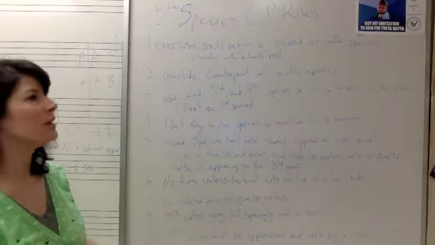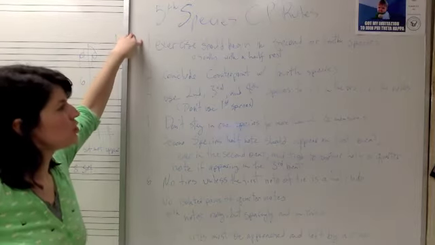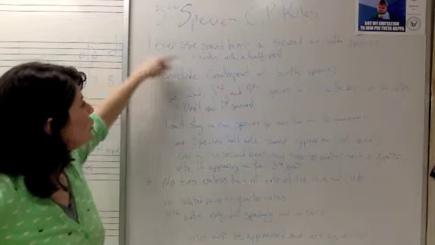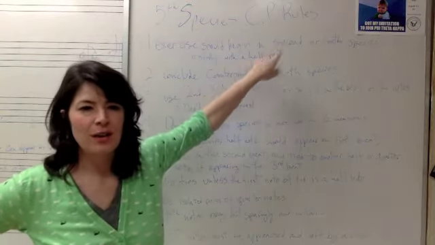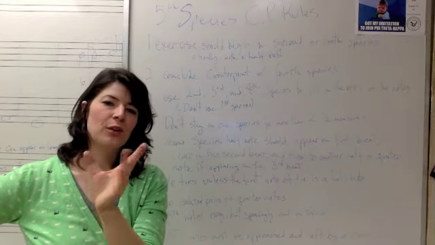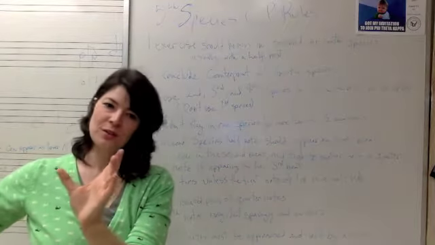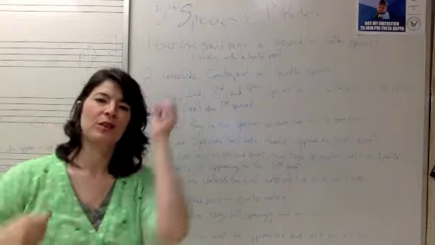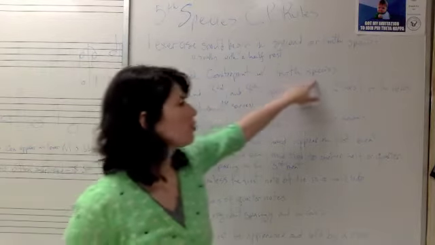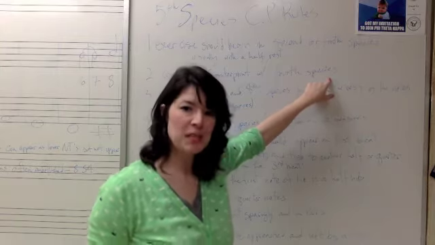So first of all, the exercise should begin in second or fourth species, and usually with a half note rest, all right? So it's usually going to start with a half note rest, and then either with a half note suspended to another half note or just a single half note. You're going to always conclude the counterpoint with fourth species.